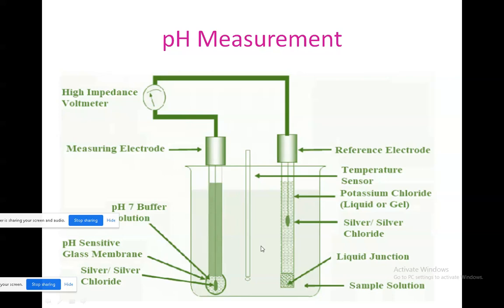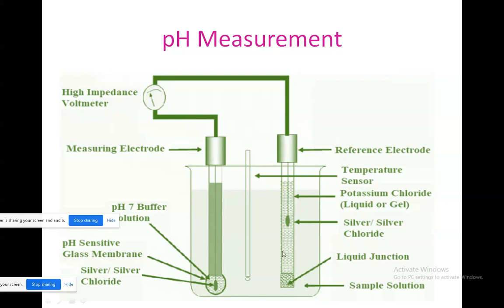This on the right side is the reference electrode. The reference electrode has a liquid junction at the edge, and above that you have silver chloride, which looks like a filament, and that is filled with potassium chloride liquid or gel.